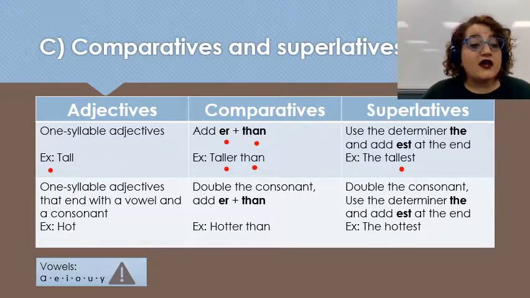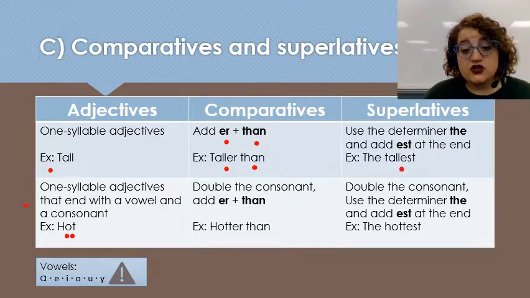So when we have one syllable adjectives that end in vowel and consonant, so for example, hot. So O is a vowel and T is a consonant. What that means is you're going to have to double the consonant, and then you can add -er and then "than".